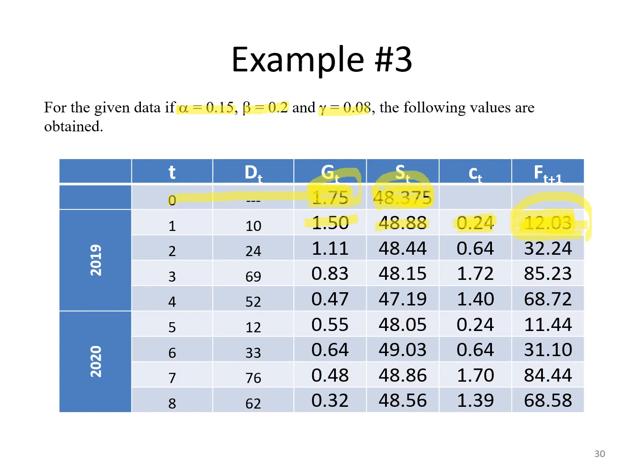Next, to calculate the forecast here, you have to sum up this value, which is updated using the formula given in the previous slide, and this other value, which is updated as well. Sum up these two values and then multiply them by the corresponding seasonal factor. This will give you the forecasted value here, and so on. You can repeat this for any future period.